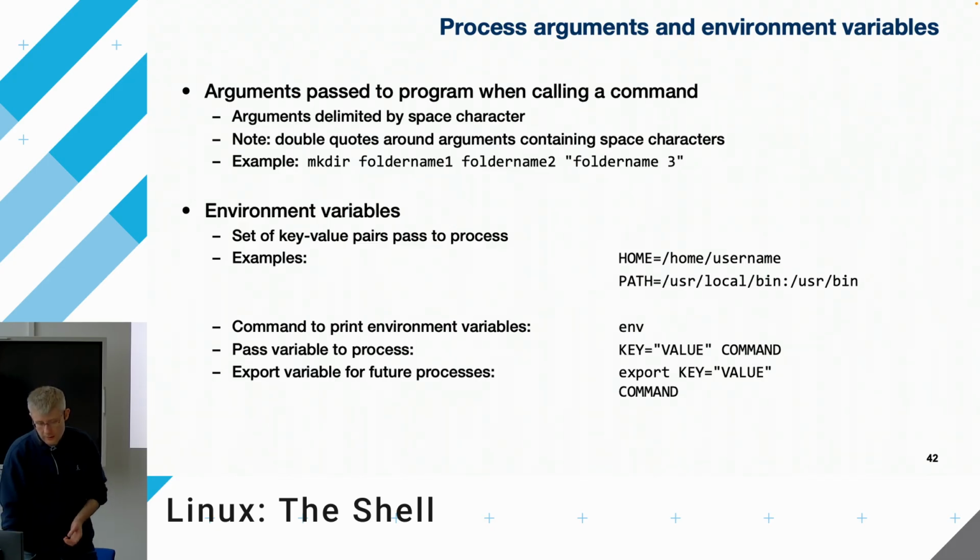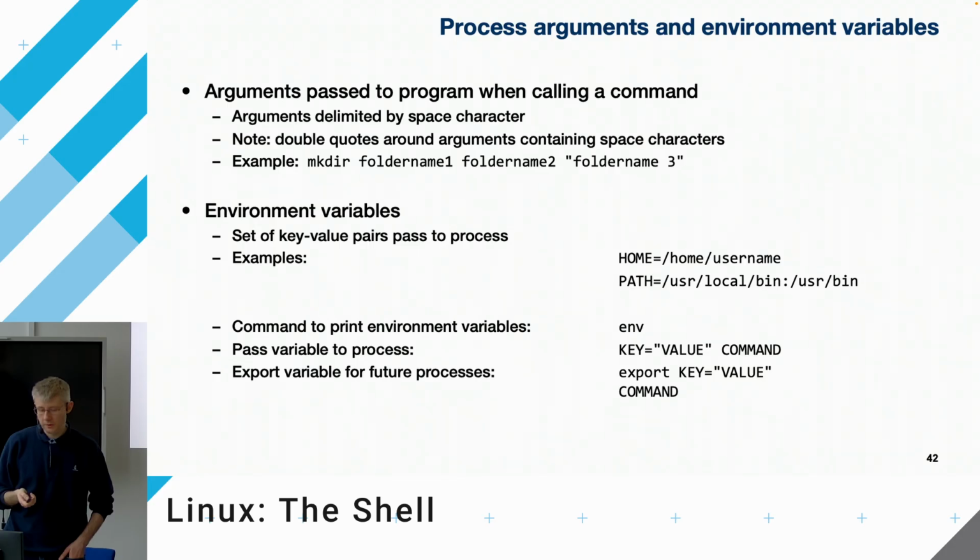So as explained, there are also these variables, and they are called environment variables because they are passed to other processes. You can define a variable. For example, there are predefined variables like home or path, but you can also define your own, and they can or cannot be passed to a different program.